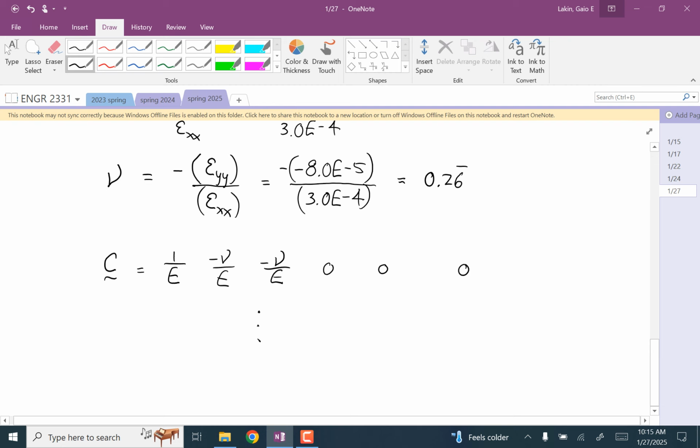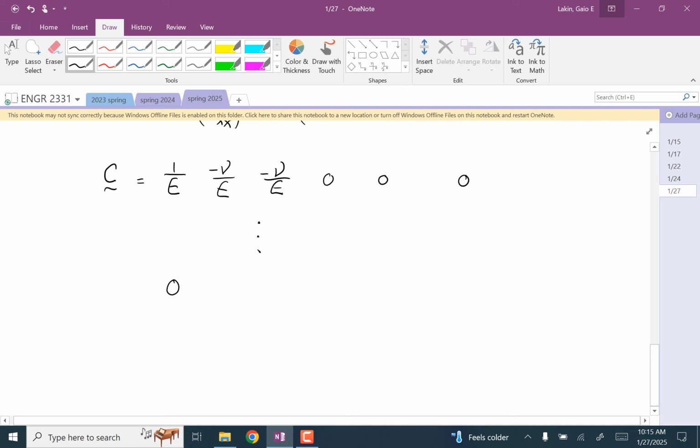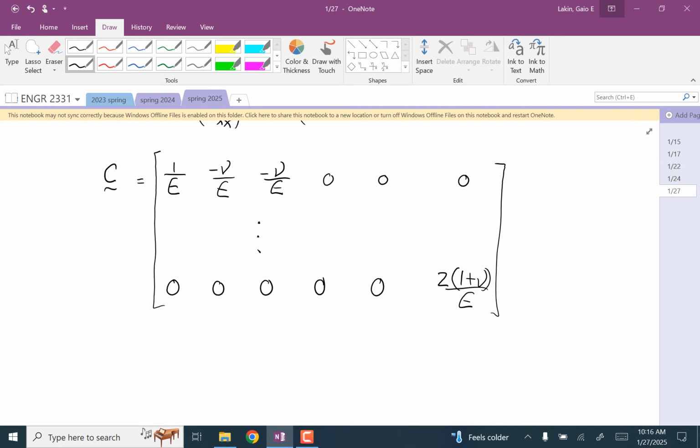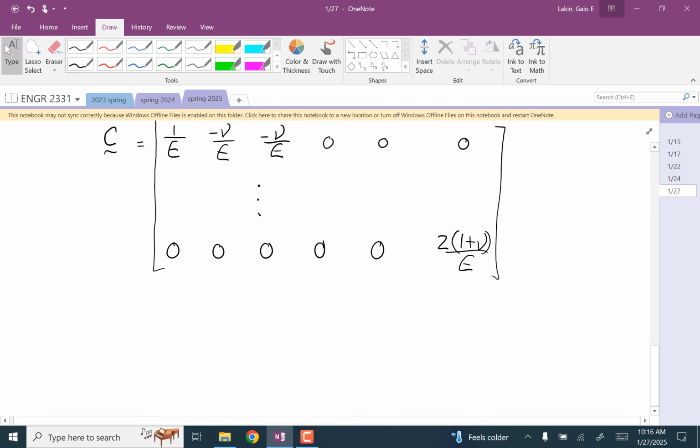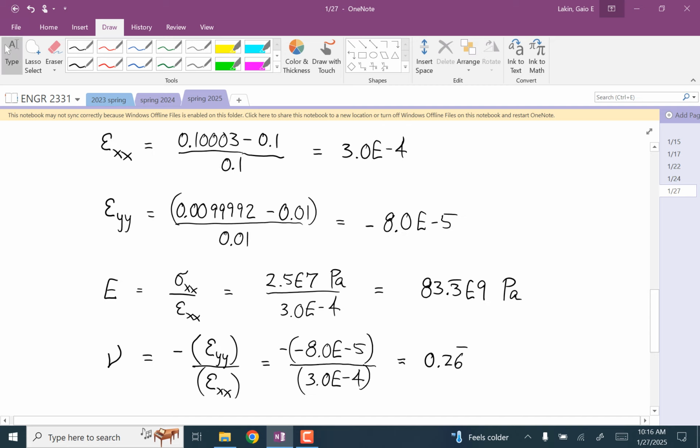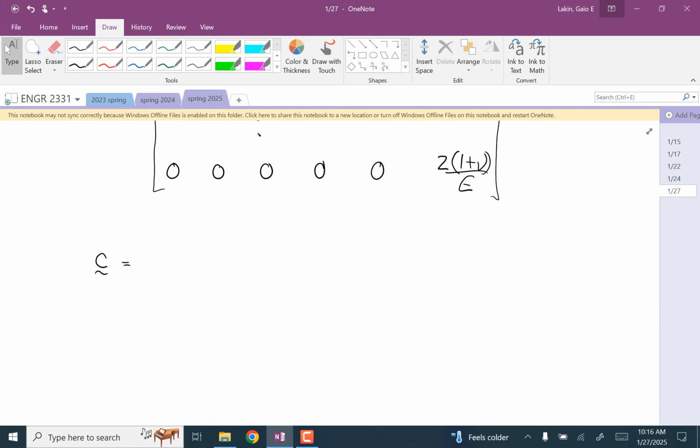And then it keeps going down until the last row is 0, 0, 0, 0, 0, and then 2 times the quantity 1 plus nu over E. And so if you plug in these values for E and nu, you get this matrix.